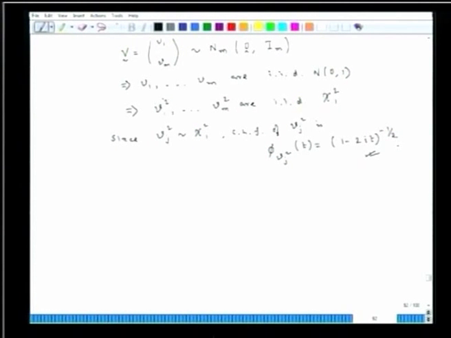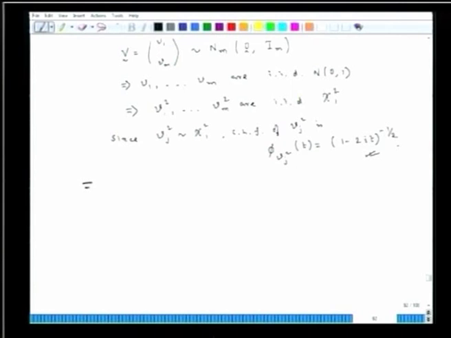That would imply that V1 square, V2 square, Vm square are IID chi-square 1 random variates. Hence, using the characteristic function of a chi-square random variate on 1 degree of freedom, each of the Vj square random variates had this characteristic function.